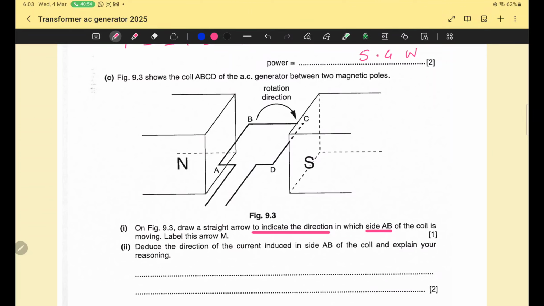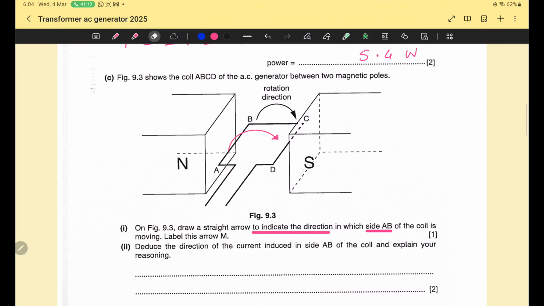So I think most students can think, sir, AB is moving like this, and side CD will be moving like this. Although they are not asking about CD, they are asking, sir, what is the direction of side AB?